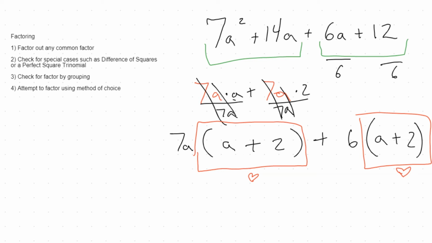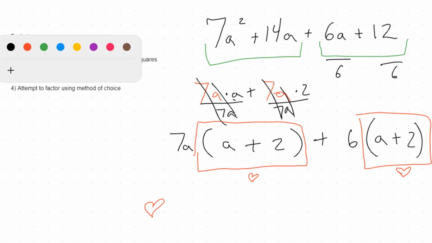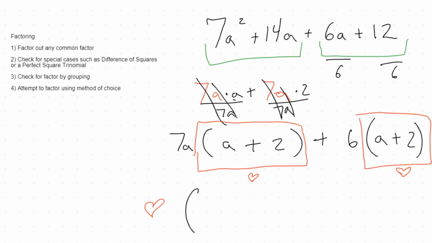So they have heart in common, right? So we're going to take that heart and put it out front, just like we did with the 7a or the 6 earlier. We're going to take what they have in common and put it out front. And this is going to be what's left over. So it's going to be 7a plus 6 that's left over.